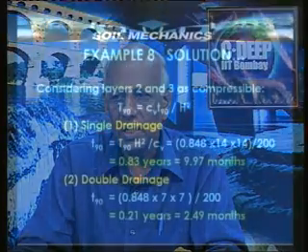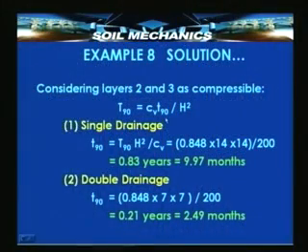Accordingly, we know there is a formula for T90 equal to Cv t90 upon h square, and T90 from theoretical computations in one dimensional consolidation theory comes out to be 0.848 as we very well know.